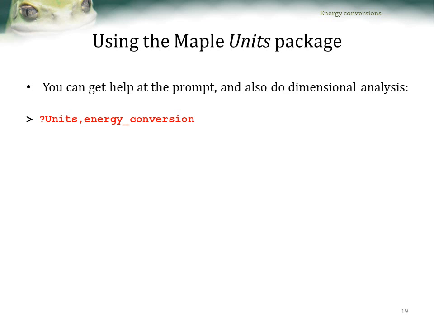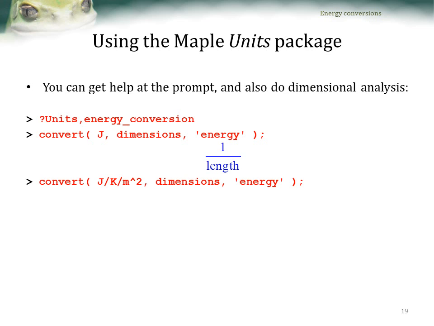We can also do dimensional analysis. So for example, I can ask to convert joules into its dimensions with respect to energy, and we get that it is indeed equivalent to 1 over length. Joules per Kelvin per meter squared, when converted into its dimensional analysis using energy conversions, is 1 over length squared. Why?